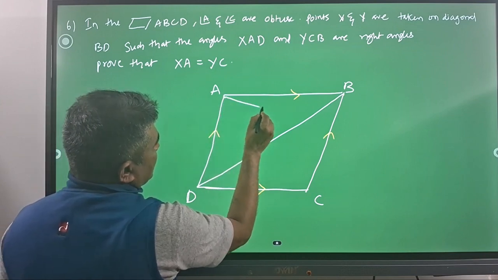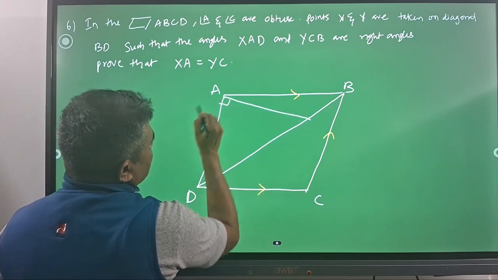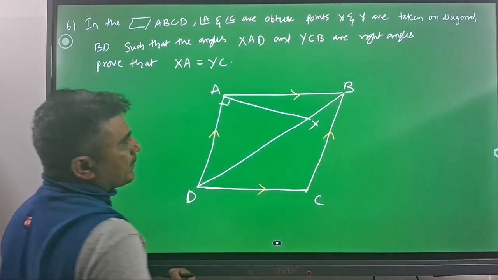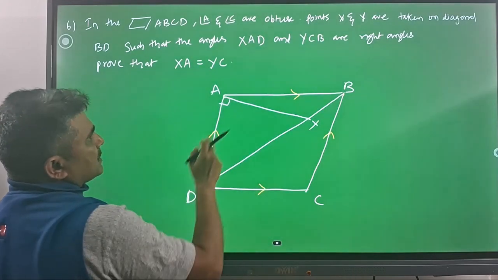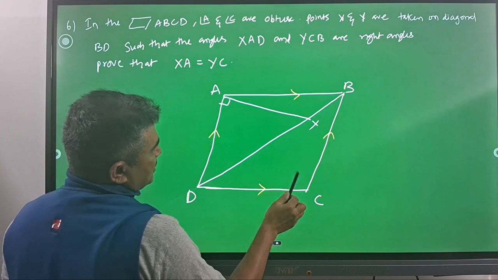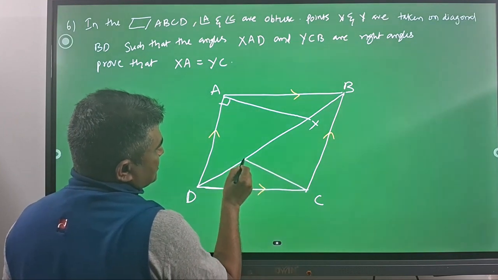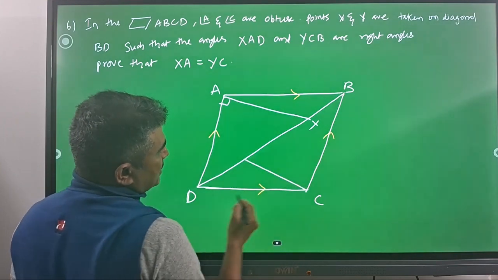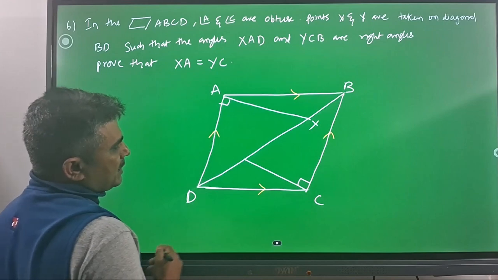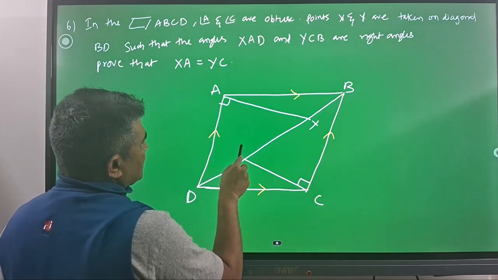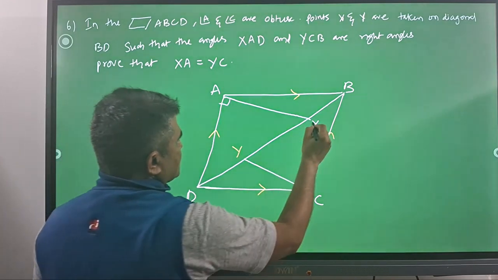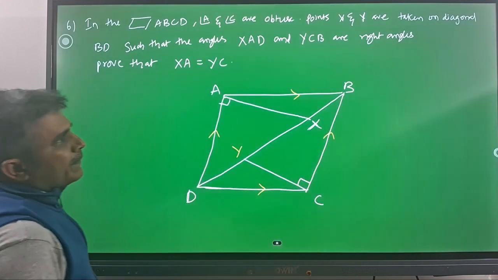For that I am drawing this line. So this is 90, and this means X, because XAD is a right angle. At C also I can draw a line making a 90 degree angle, and this can be called Y. So this is X and this is Y.